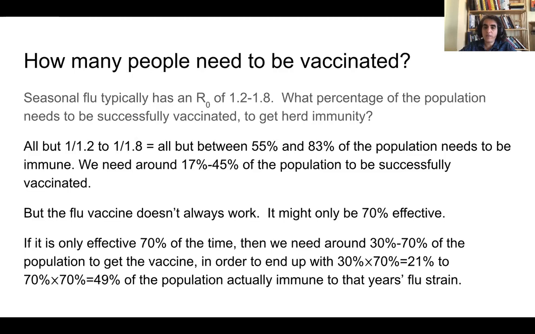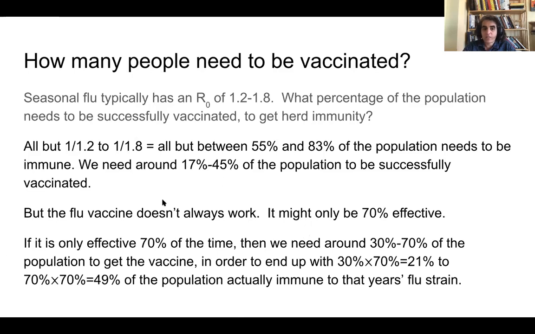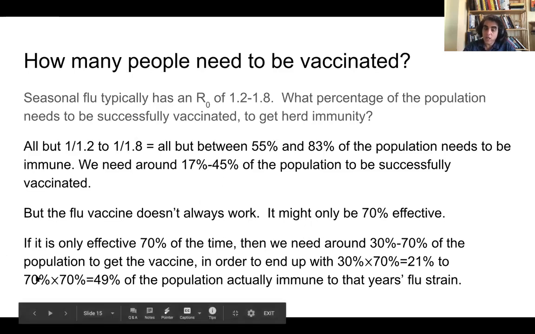So if it's only about 70% effective, then in order to get 20% of the people vaccinated, we would need 30% of the population to get the vaccine, because 30 times 70 is 21. And if we needed to get half the population vaccinated, we would need 70% of the population to get the vaccine, because 70% effective, 70% of the population gets you 49% of the population actually immune.